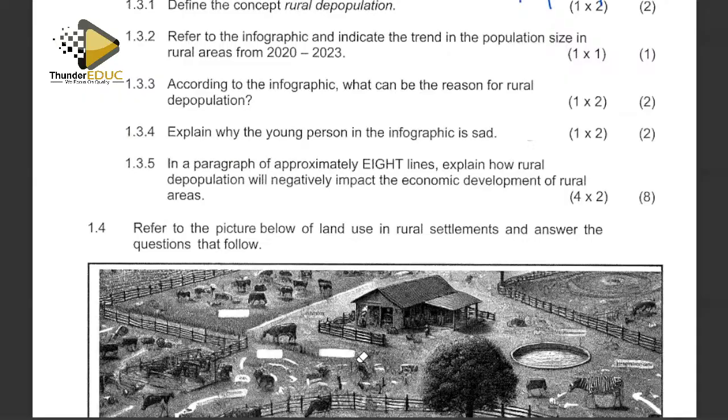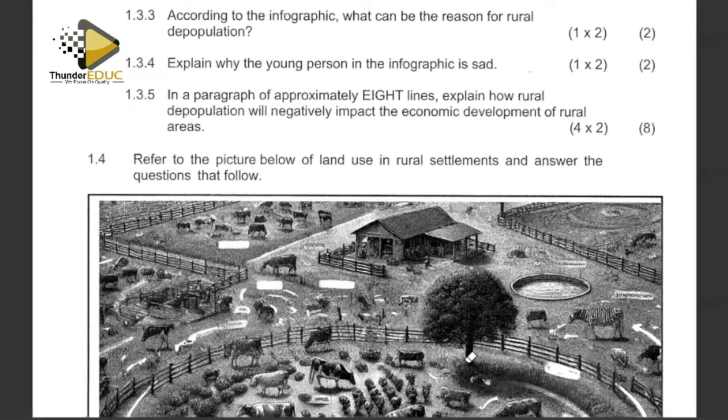In a paragraph of approximately 8 lines, explain how rural depopulation will negatively impact the economic development of rural areas. We want to look at the effect of rural depopulation on the economy of rural areas. Right. Most definitely here, we are going to have reduced labor supply.